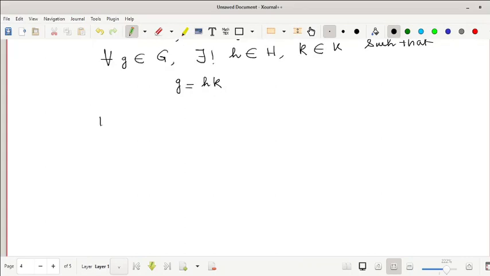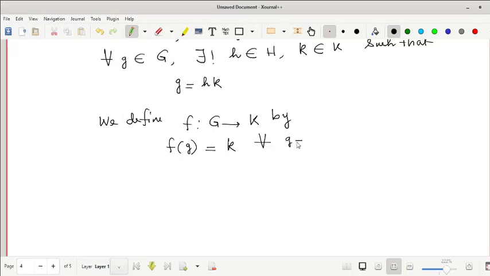We define a function f from G to K by f of g equals k for every g equal to hk belonging to G. Okay?